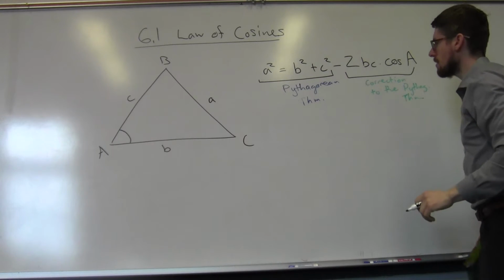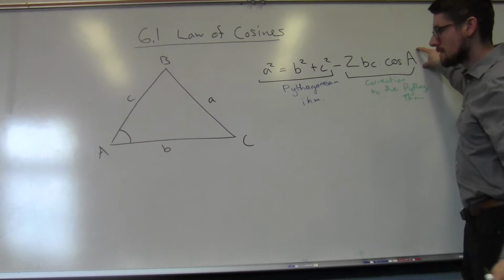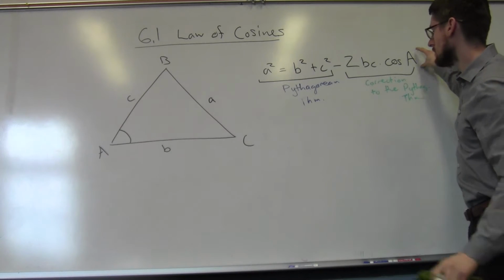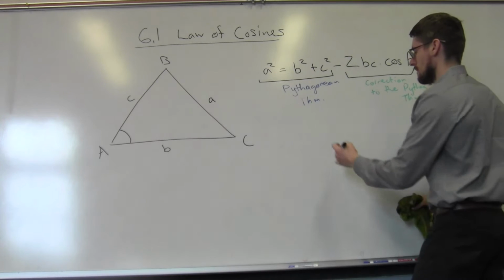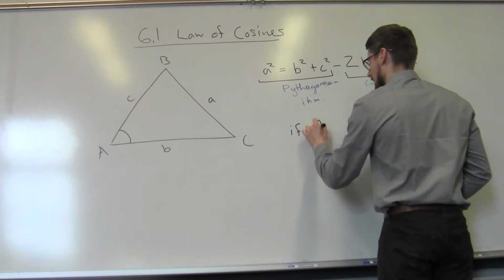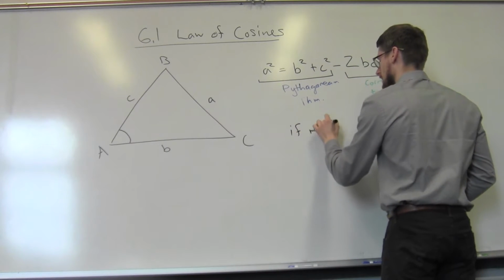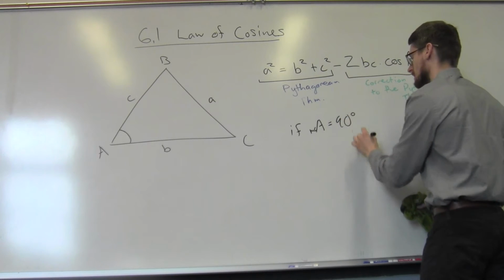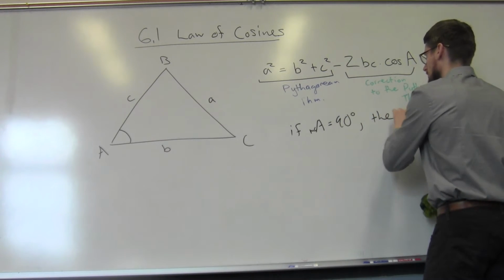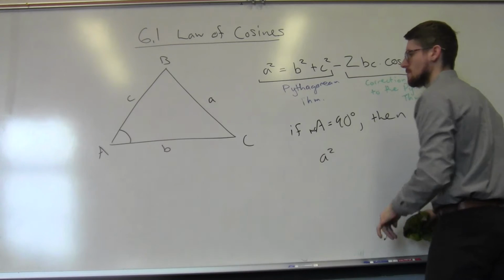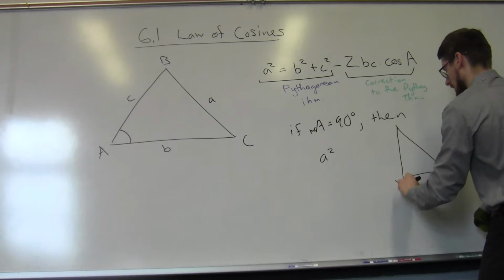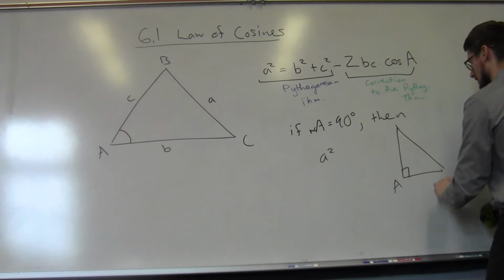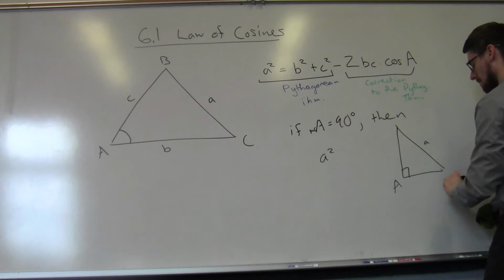So one thing to note, if angle A is in fact a right angle, then this is the Pythagorean theorem. If the measure of angle A is 90 degrees, then a is the hypotenuse.